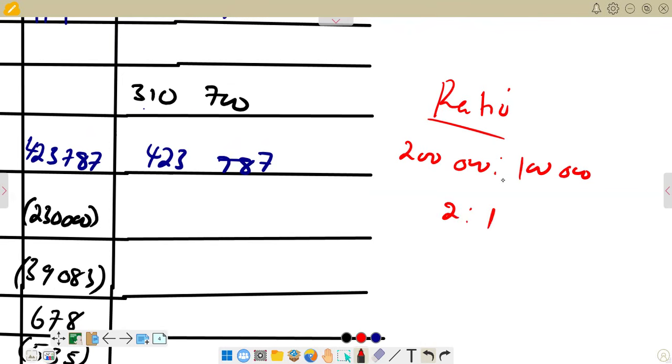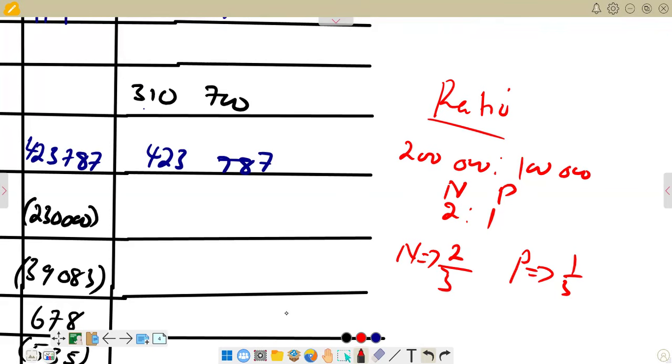This is our Nictro, and this one becomes our petrol. So it means we're going to add 2 and 1, then you get 3, and it becomes the denominator. Then for Nictro, we are now saying 2 over 3, and for petrol, we are now saying 1 over 3, times the balance for appropriation that we would have got there.